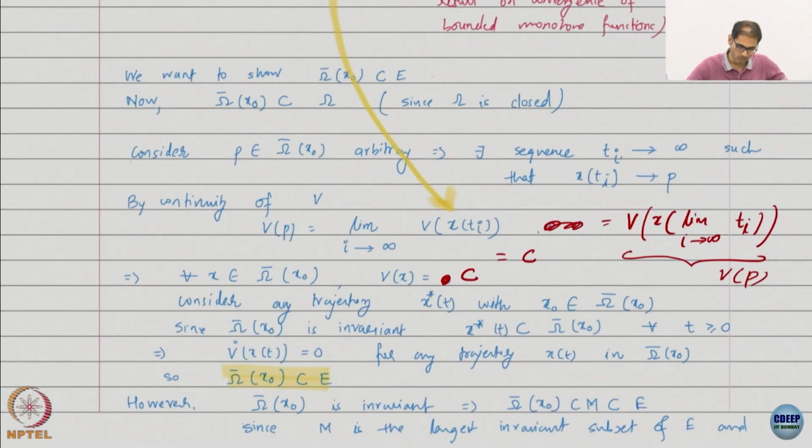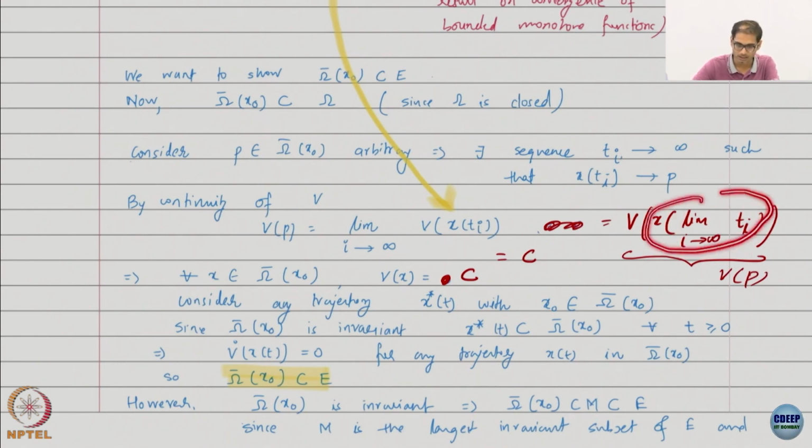Now you forget this side. I know that the limit as i goes to infinity of v(x(t_i)) is actually equal to this. I can move the limits around because of continuity. And once I move it around, you see that as i goes to infinity, t_i goes to infinity. So x of this quantity goes to p.